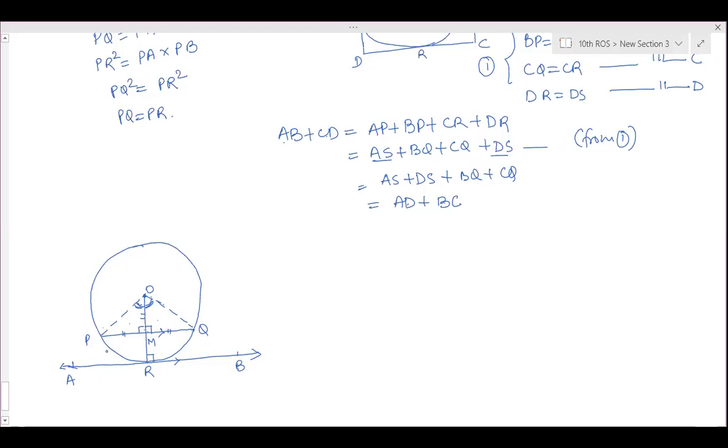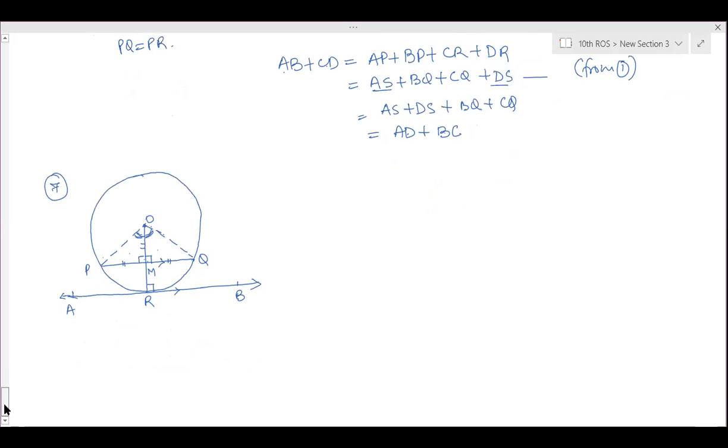And the eighth one is exactly the opposite of this, the converse of this part. Tenth one.